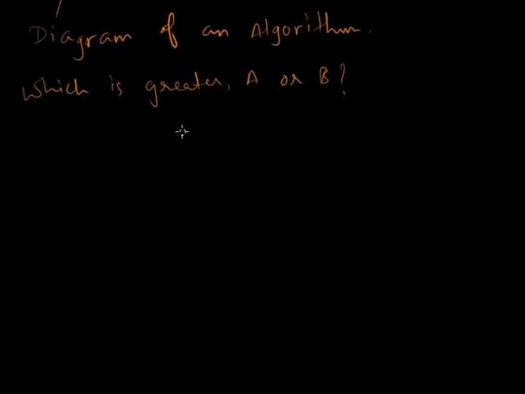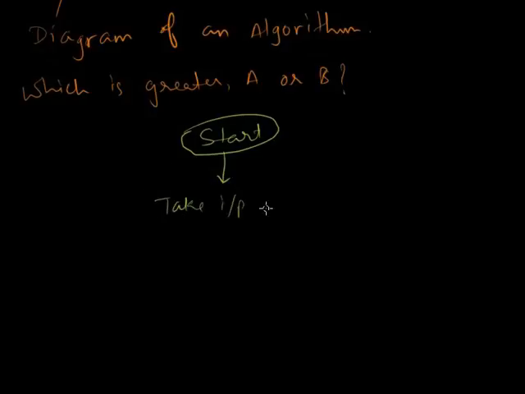To do anything, we need to start, right? Then we took input A and B. We need the values of A and B, right? To check them, we need some values. So we took input A and B.